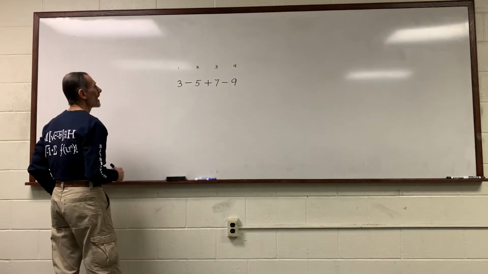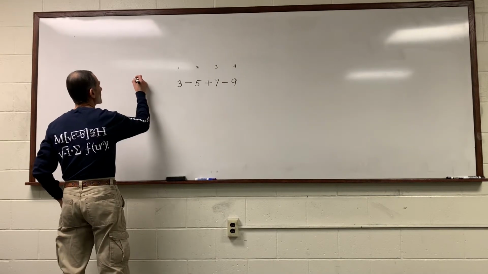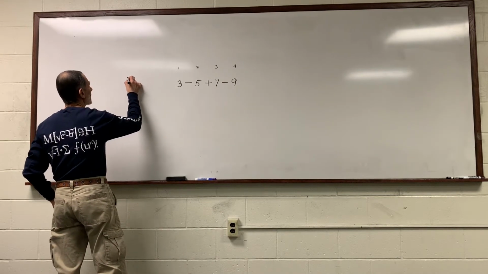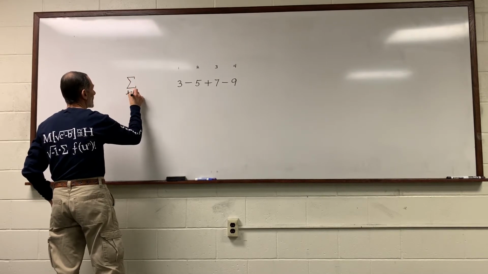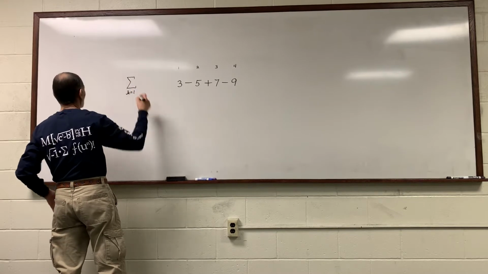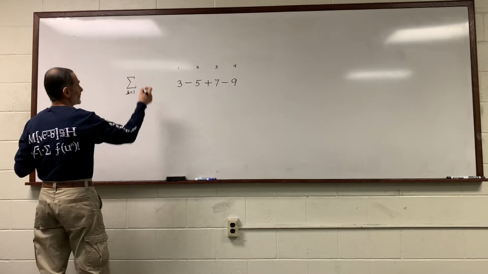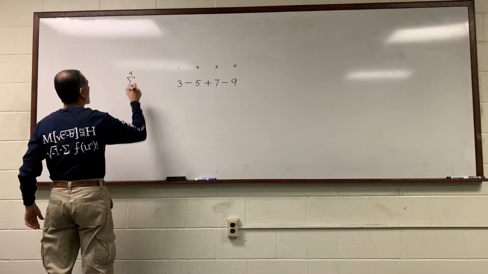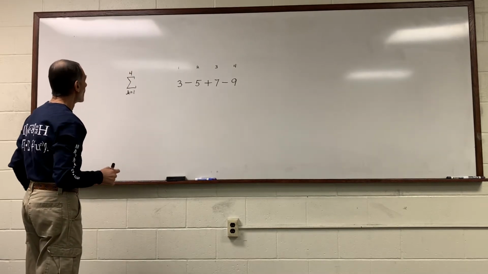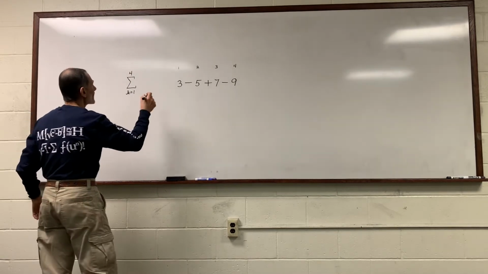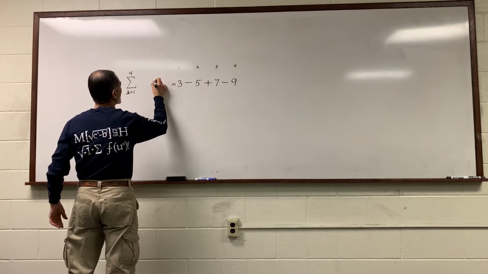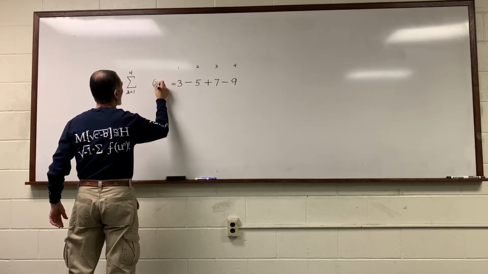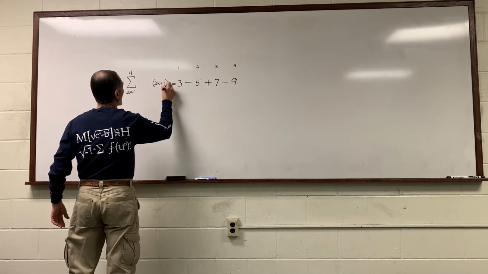So part of our sigma notation here, now we have 4 terms. I don't have to use 4, but there's no point in writing more than I need. So we know that part of our sigma notation is 2k plus 1.